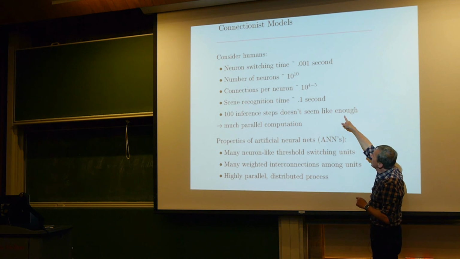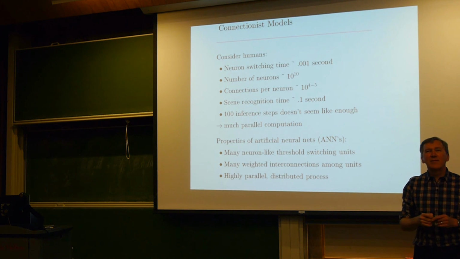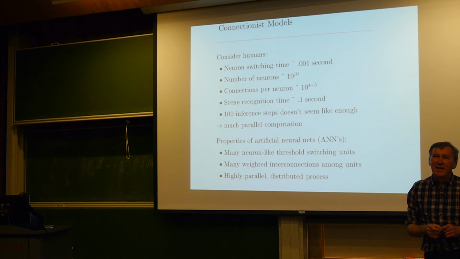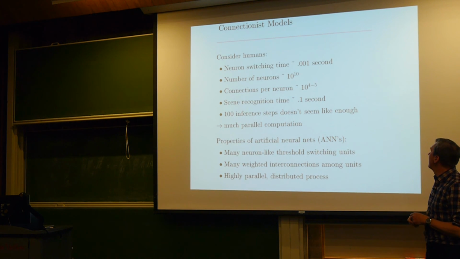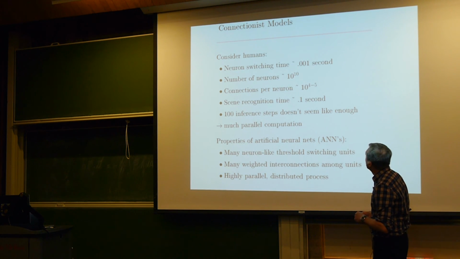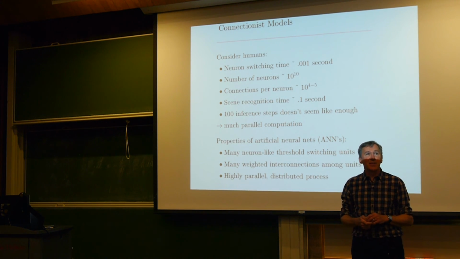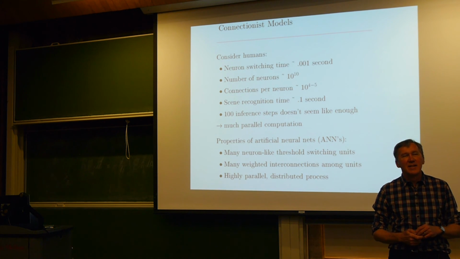And therefore, by simple arithmetic, you recognize your mother with about 100 inference steps. Your neurons aren't going any faster than a millisecond. So if I chain together 100 of those, I get up to 1/10 of a second, which is your mother recognition delay.